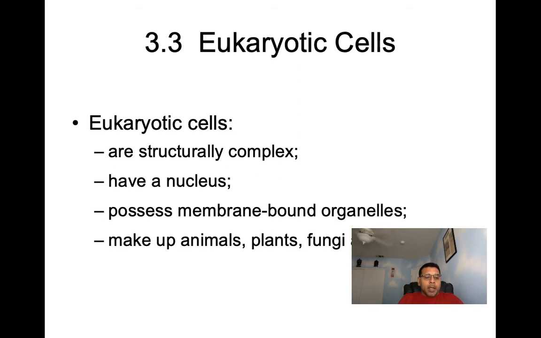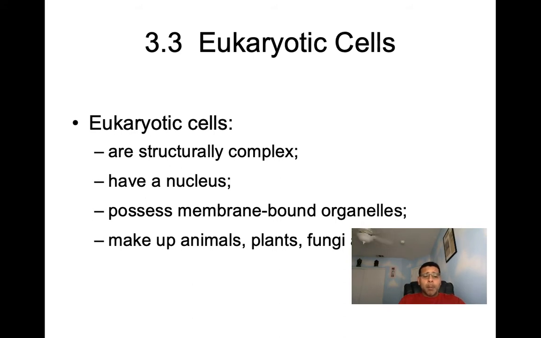Eukaryotic cells are quite complex structures. Their main distinguishing factor is their nucleus. The nucleus separates the genetic material from the cytoplasm.